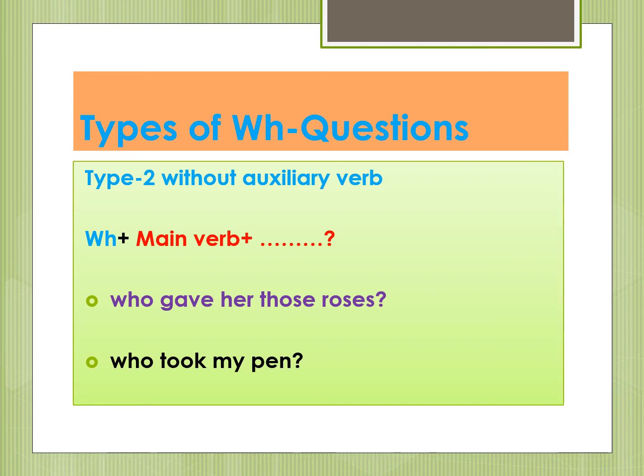So this is a second type of WH question. Students, up to now we have seen two types of WH questions. The first type with auxiliary verb, the second type without auxiliary verb.